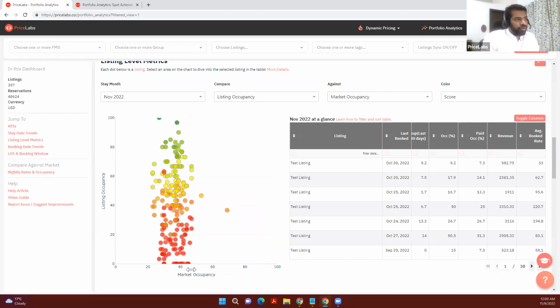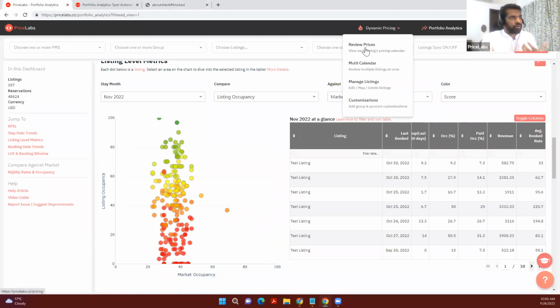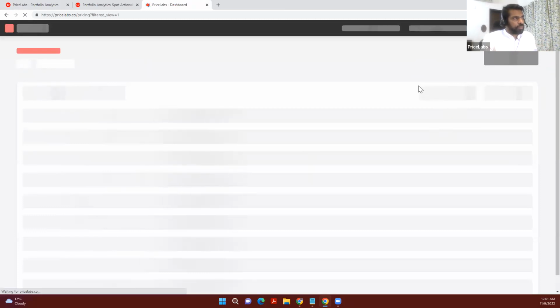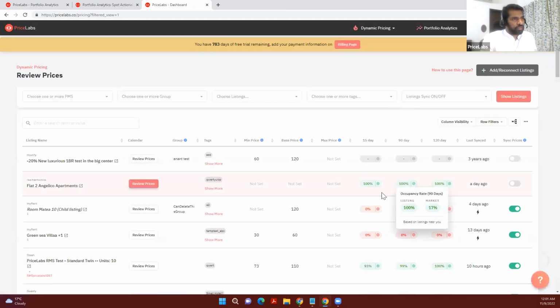If I wanted to look at certain listings and see which one to attack first, I would look here, right? If you have few properties, you may just want to look at your dynamic pricing dashboard, where you can quickly see the health numbers. I'm just going to hop into the dashboard here. Like I said, on this account I have a lot of properties, but what you'd see here are these health numbers.